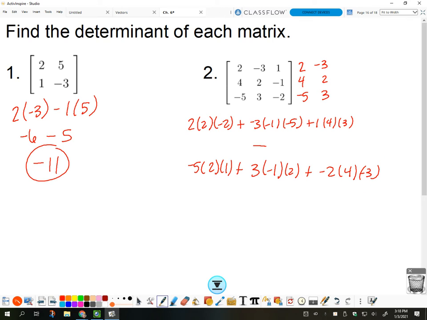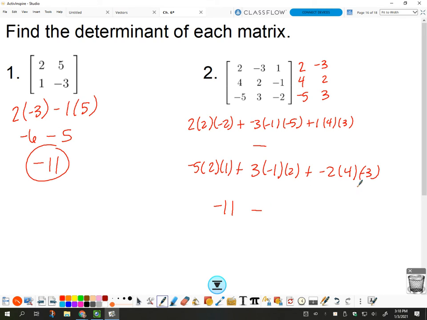So that top number is, what is this? 4, 8, negative 8. And then negative 15. My memory is horrible today. Plus 12. So up top we get negative 11.